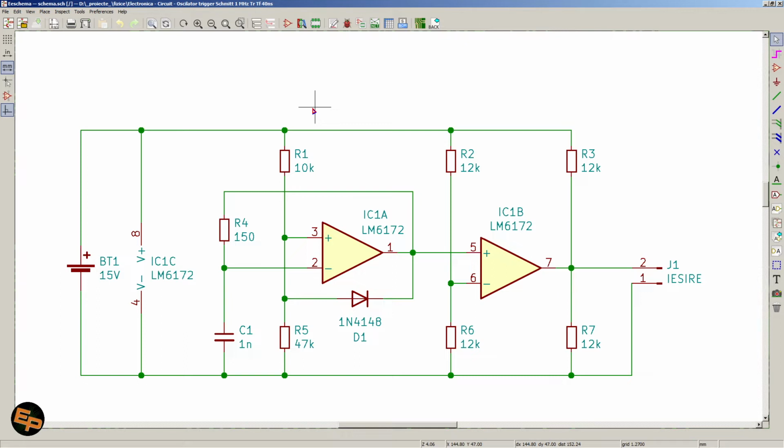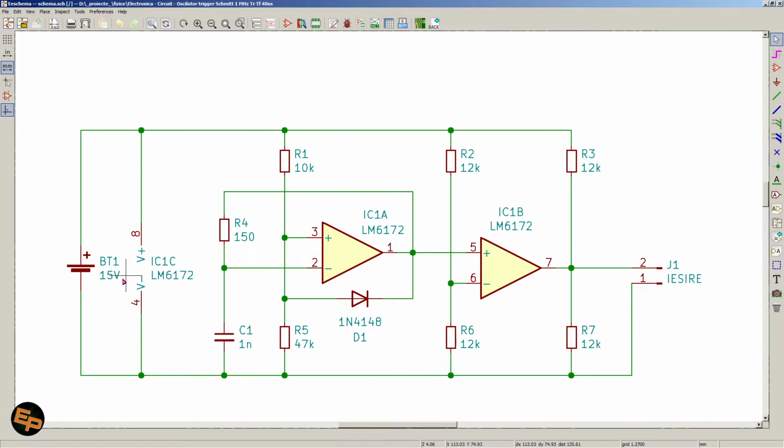What's the simplest form? Well, I don't think it can be anything easier and simpler than charging and discharging a capacitor and monitoring its voltage, basically. So this is what we are having here.